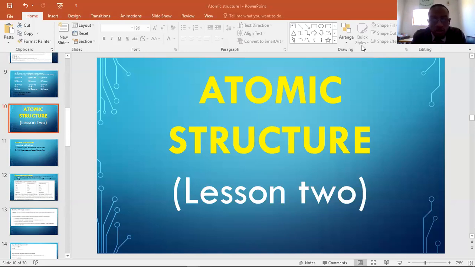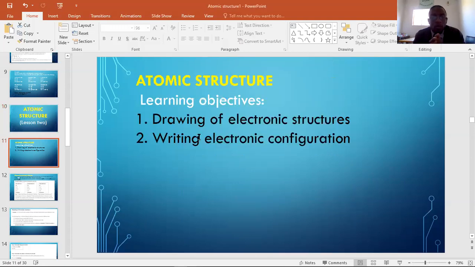So we continue from where we ended, and in today's segment we are going to look at those objectives. So we're going to learn how to draw the electronic structures and how to write the electronic configuration.